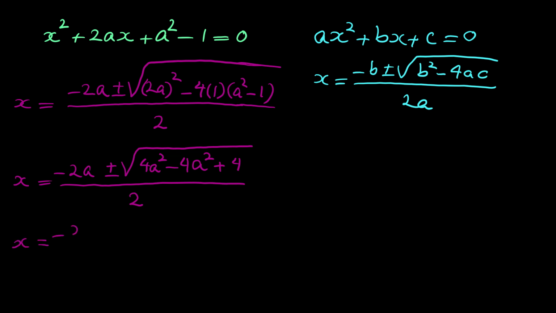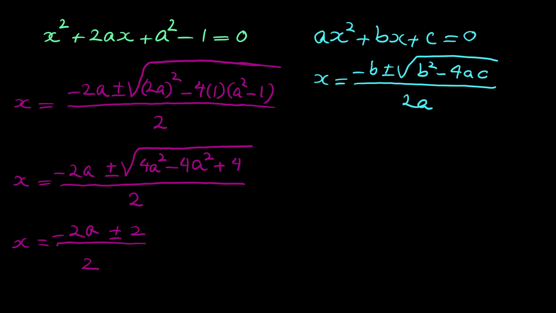x is negative 2a plus minus, this cancels with this, and we have radical 4. Radical 4 is 2. So plus minus 2 all over 2.